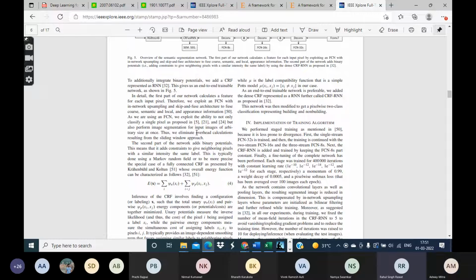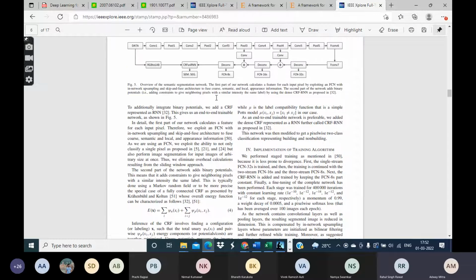Now, in detail, the first part of our network calculates a feature for each input pixel. Therefore, we exploit an FCN with in-network upsampling and skip and fuse architecture to fuse coarse, semantic, and local appearance information. So they have got the pixel representation, and they may also have some auxiliary information from other sources.